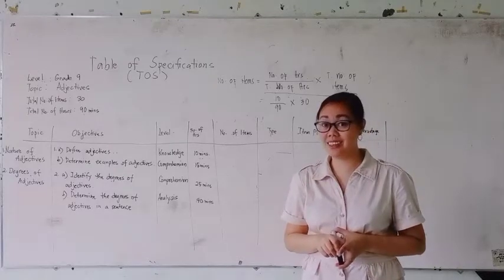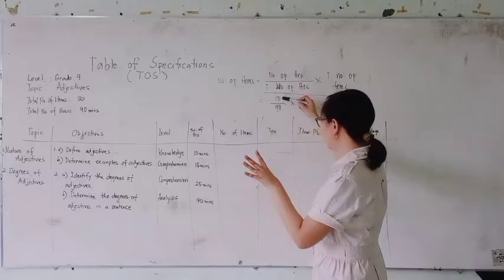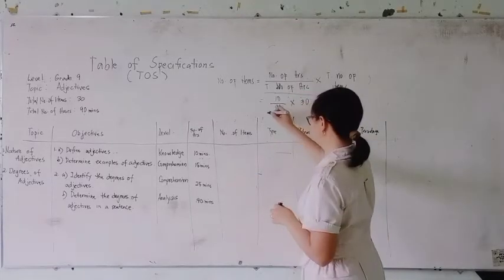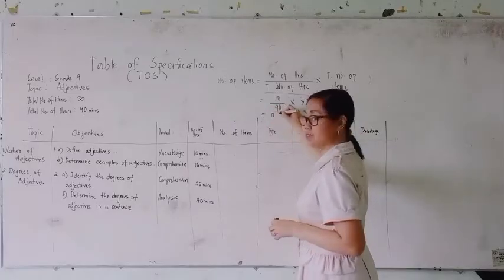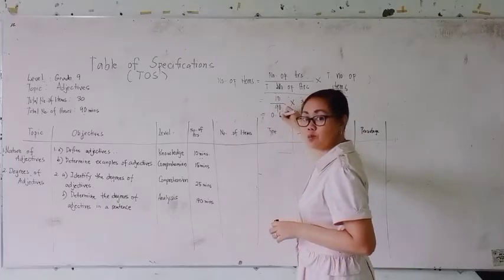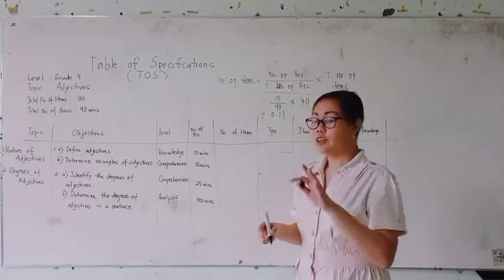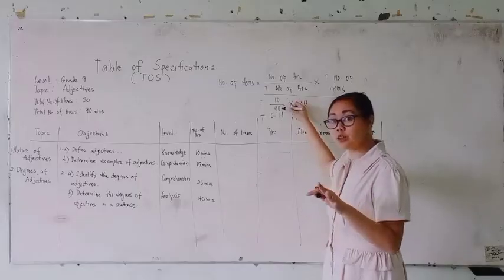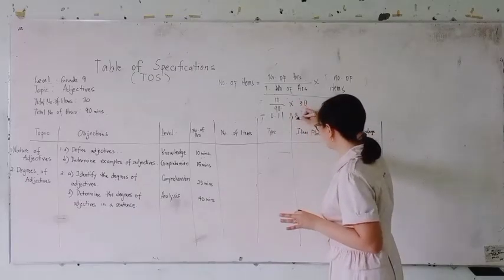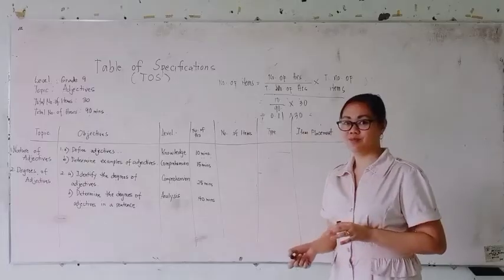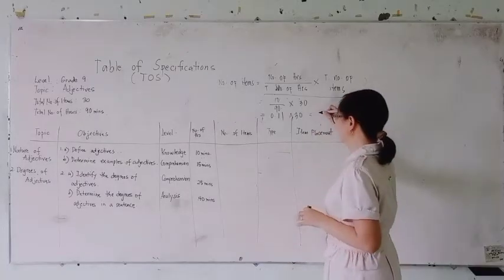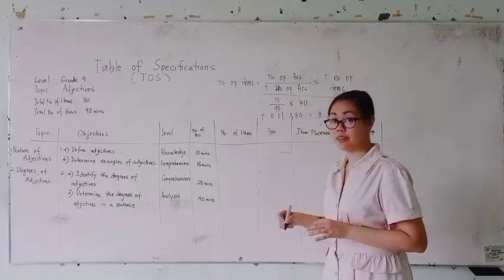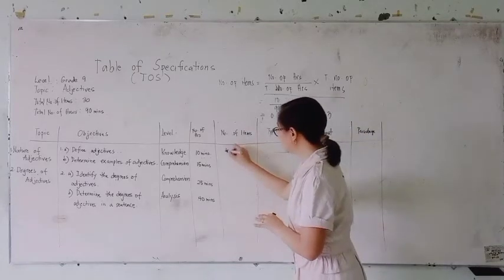No? At i-divide nyo yan sa 10. So, unahin nyo muna. 10 divided by 90 equals 0.11. Okay? So that will be 10 divided by 90 equals 0.11 times 30 equals 3.3. So ilalagay mo dito sa number of items, 3.3.